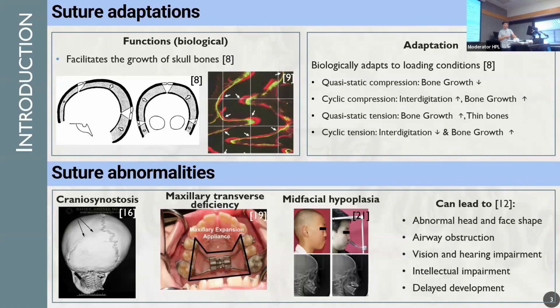It's a little bit too easy to say compressive strains lead to one thing and tensile strains to another. It's kind of old school. But this is very specific to these suture adaptations, right? Yes, it's only for suture adaptation. It's not talking about bones in other places or cartilage.